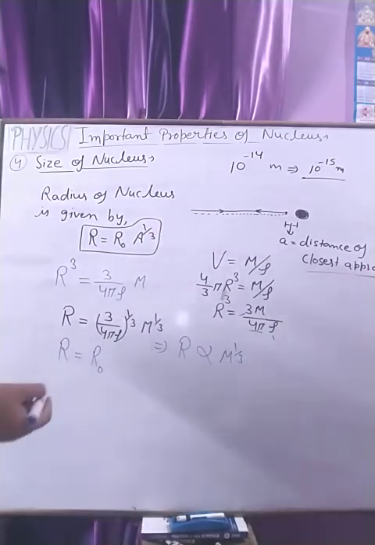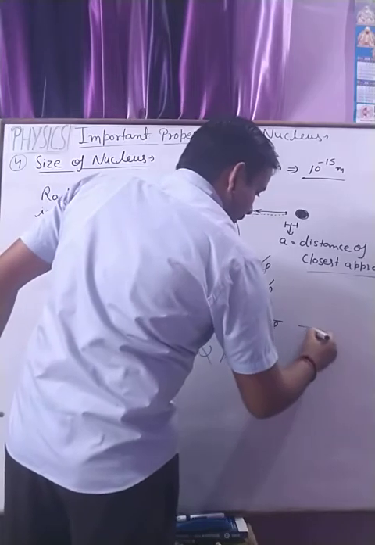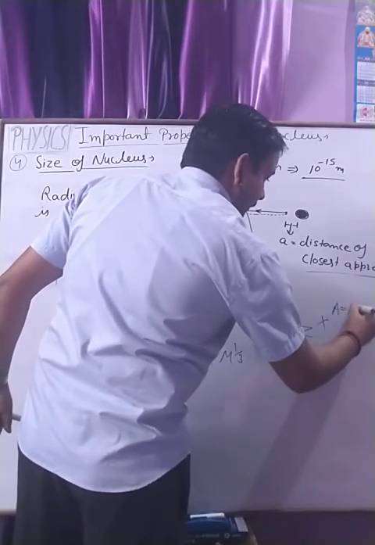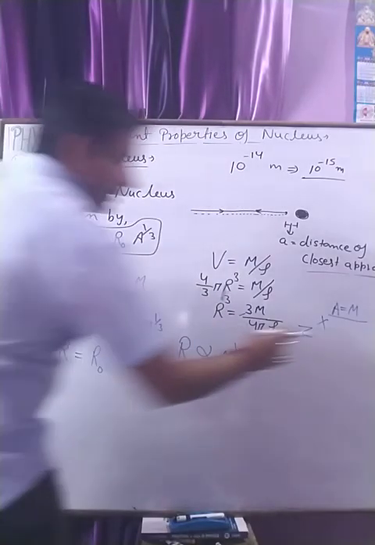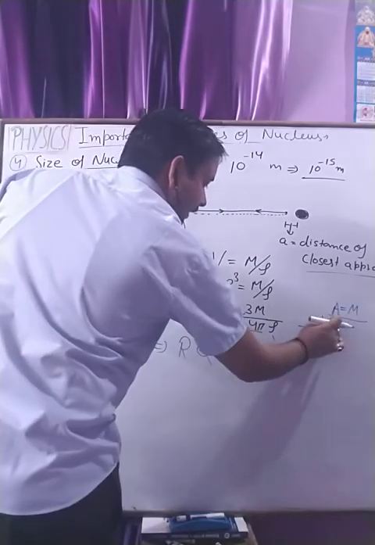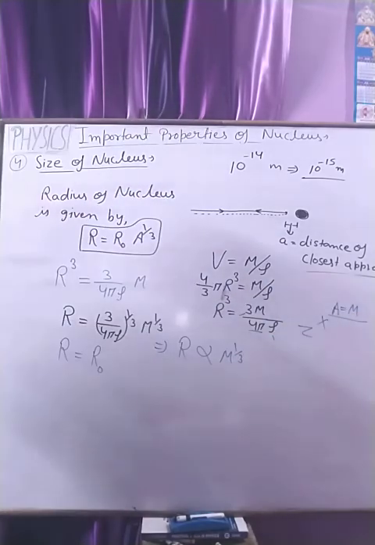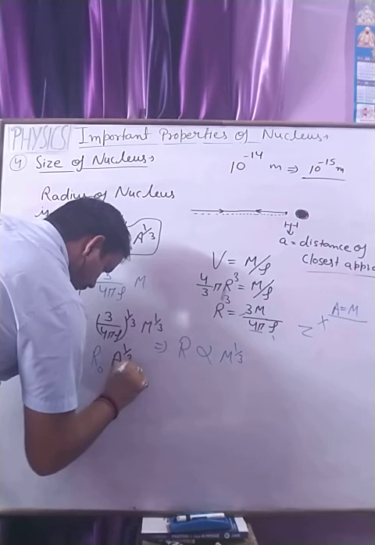And here student, the mass of nucleus is in the formula ZXA. This is the representation of mass of nucleus, so we can use the mass number A in place of mass. Therefore we find A to the power 1 by 3.